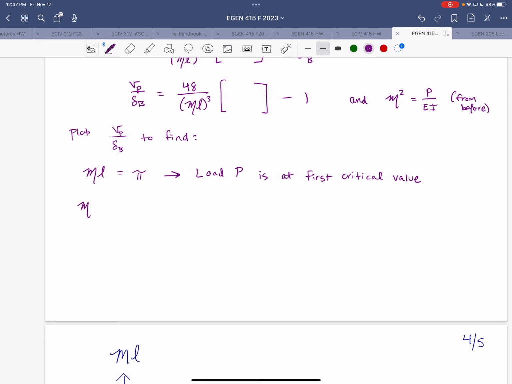All right, and then when m squared L squared, if we square that, is equal to pi squared, that represents the first eigenvalue.